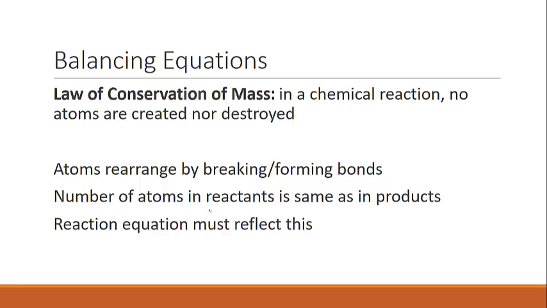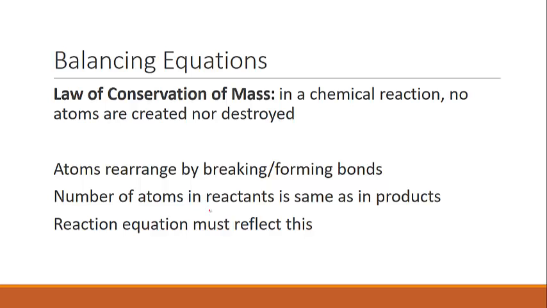The reason for this is because in a chemical reaction, what's happening is that the atoms are simply rearranging themselves and breaking existing bonds and forming new bonds. The atoms themselves are still present in the reactants and the products. And the numbers of each type of atom is the same in both the reactants and the products. So our chemical equations that we write have to reflect this.